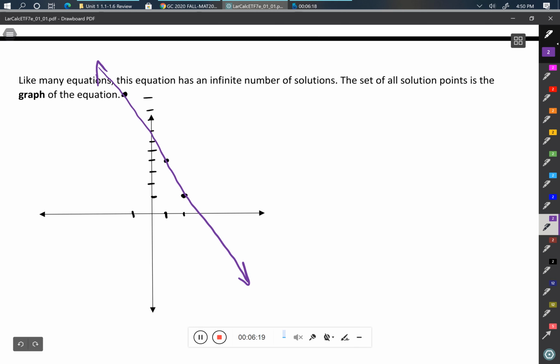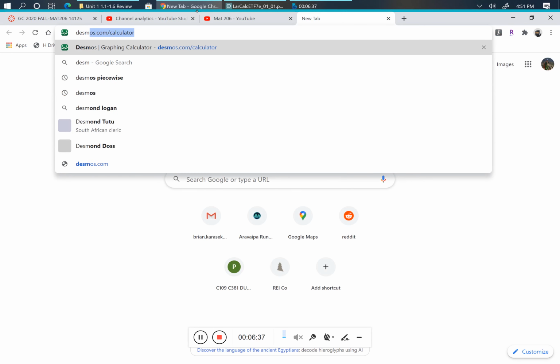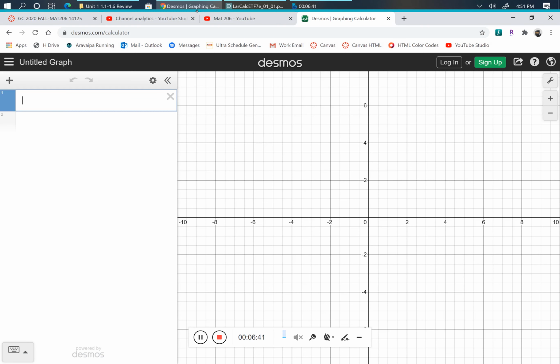Now, I would like to refer to this more as a sketch than a graph because I think that a graph is more accurate than what I just did. And in fact, if I wanted to graph this, I would probably go to something like this and graph my equation here. And what was my equation?